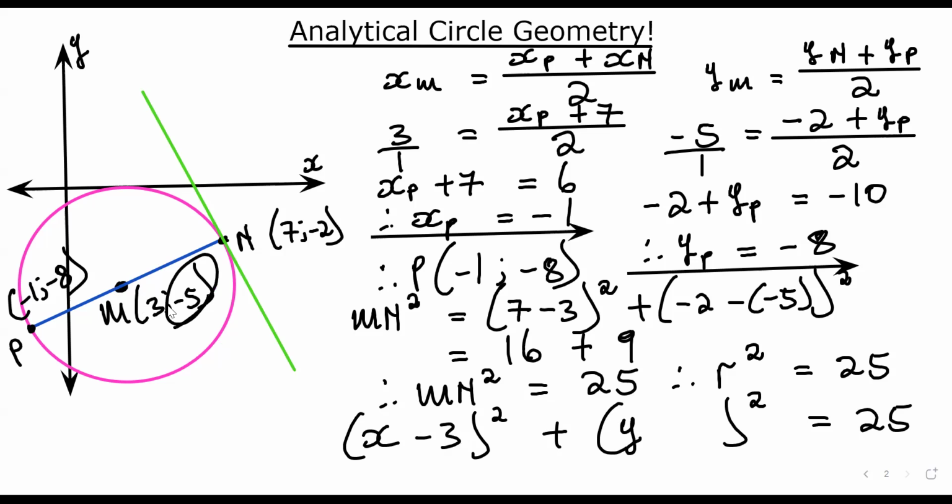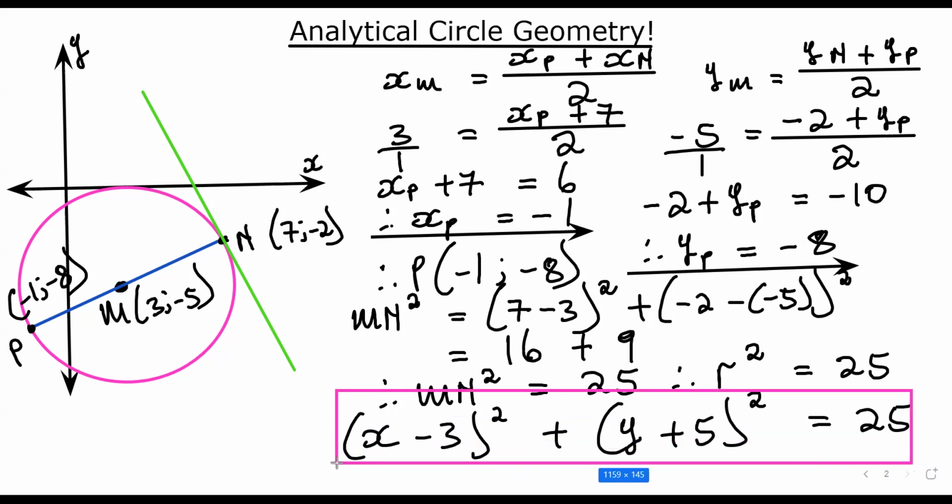The y-coordinate of the center is negative 5. But when we write it into the equation, we are simply going to say it's positive 5. So this is the equation of the circle in center form.